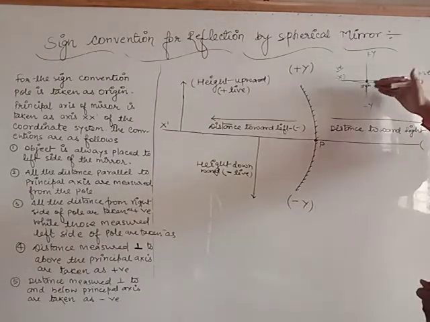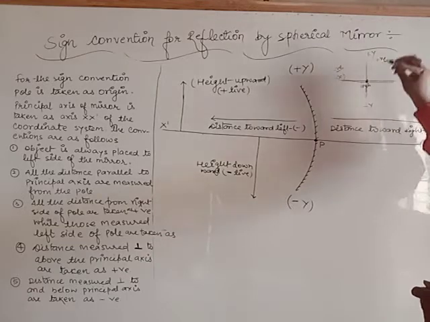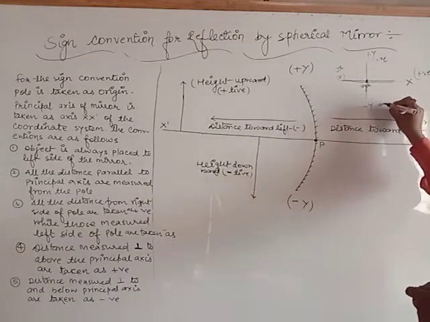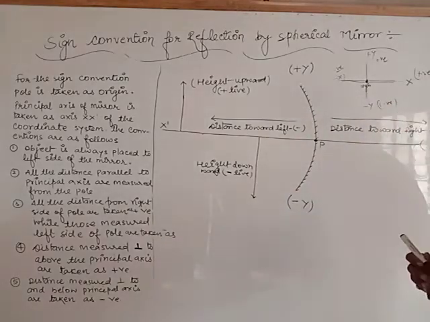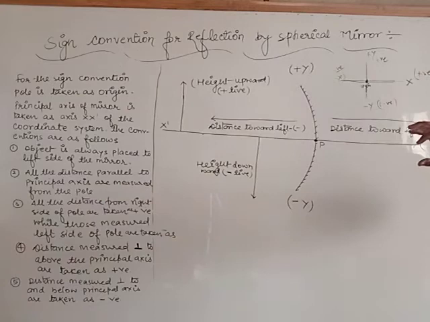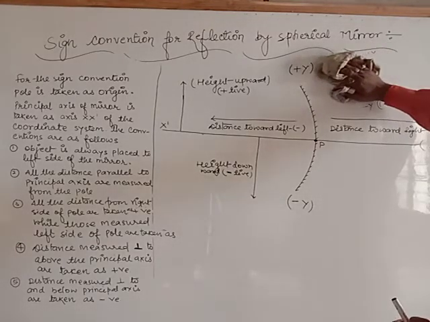All distances upward from the origin are always taken positive, and below the origin negative. It is very simple, and always remember this sign during the study of light.